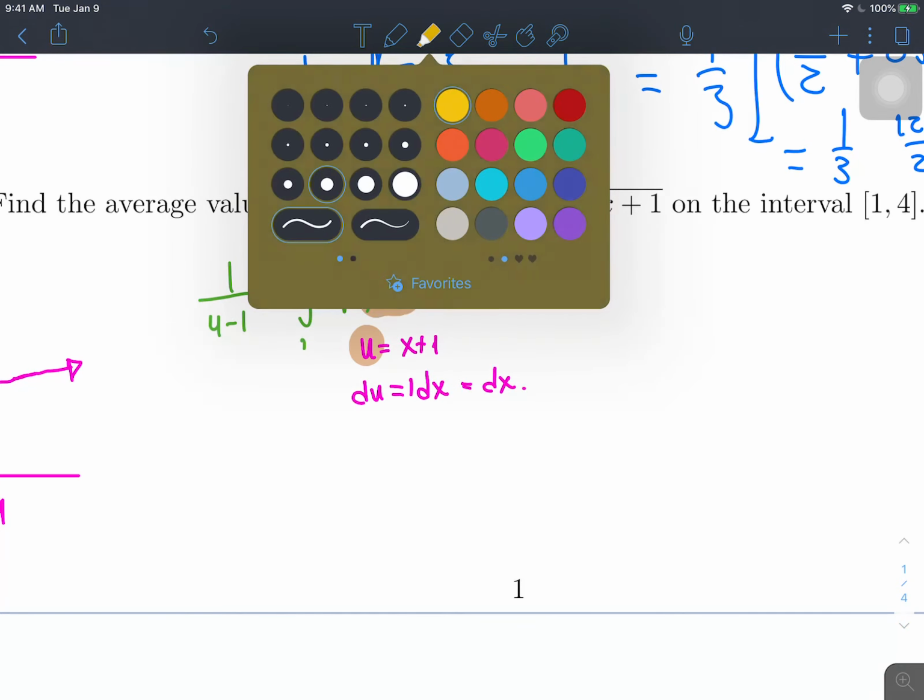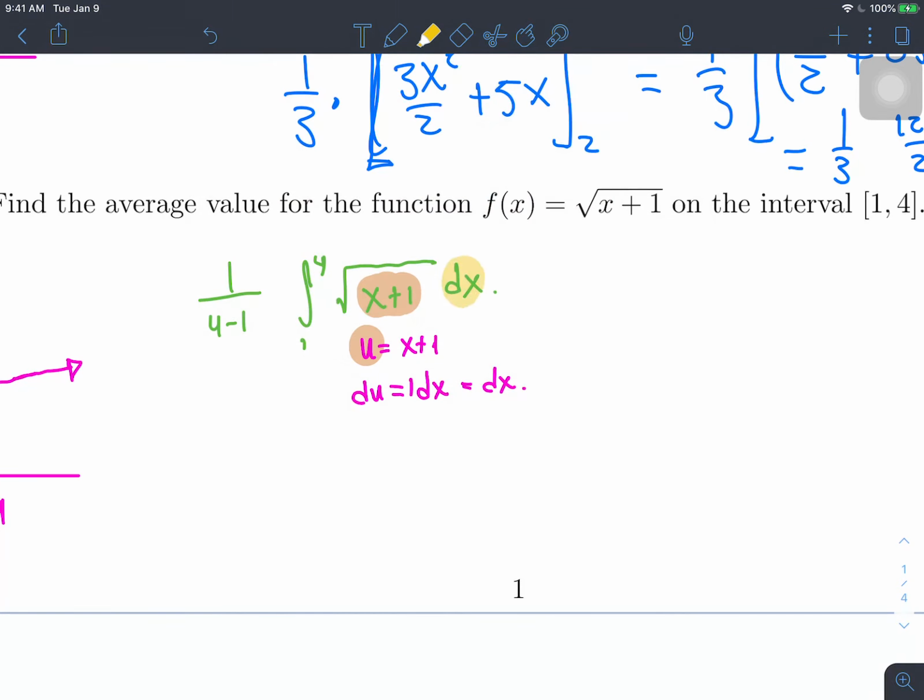And my leftovers are just dx, and they're going to get replaced by just du. So this is going to be 1 over 4 minus 1 times the integral of square root of u du.